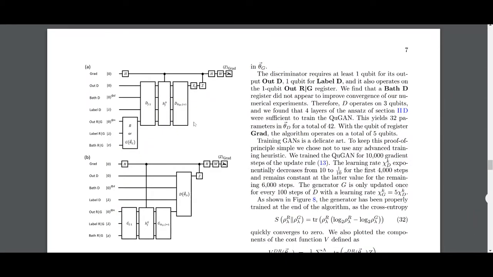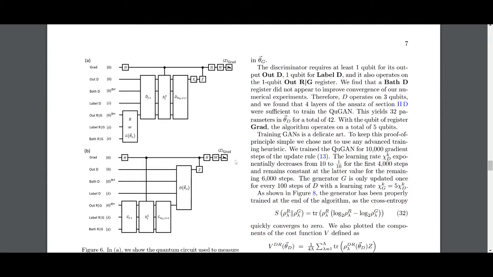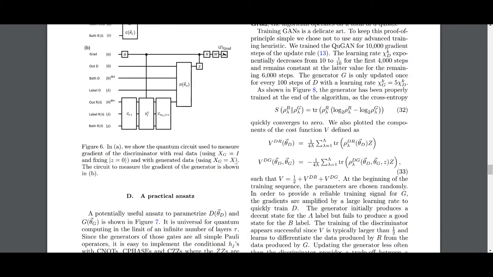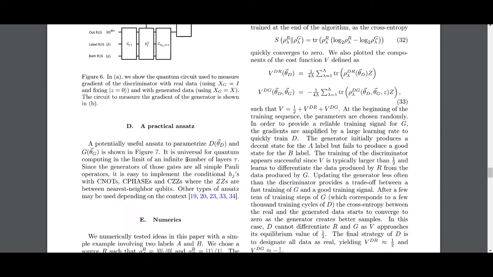So I'm missing that piece of knowledge. It's not about getting it completely polished and done, but what bothers me is the sentence that says it is easy to implement the conditional Hamiltonians with C naughts, C phases, and CZZs.